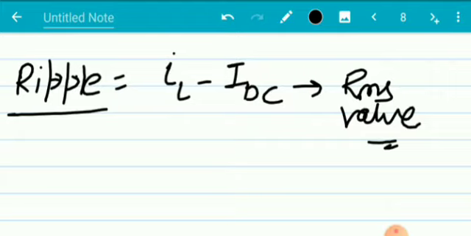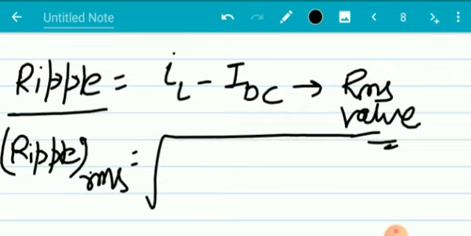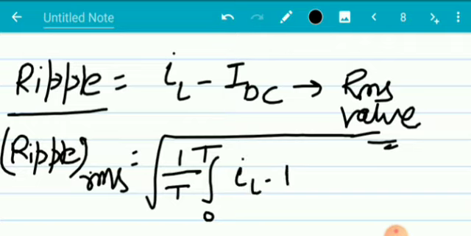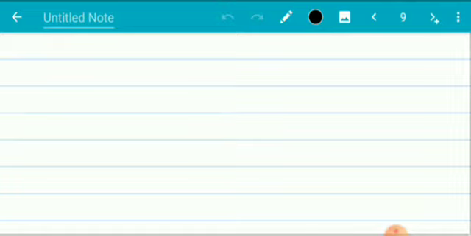Now the ripple's RMS value will be equal to, as per the formula, square root of 1 by time period, integration 0 to T of (IL minus IDC) square d omega t. Okay, now we will solve this further.